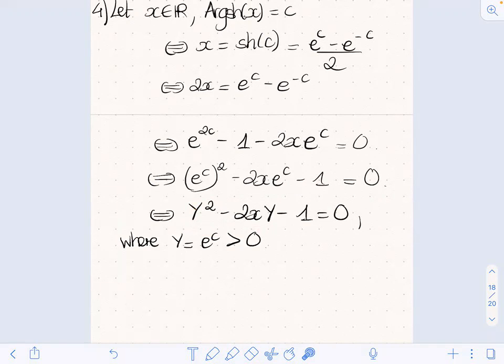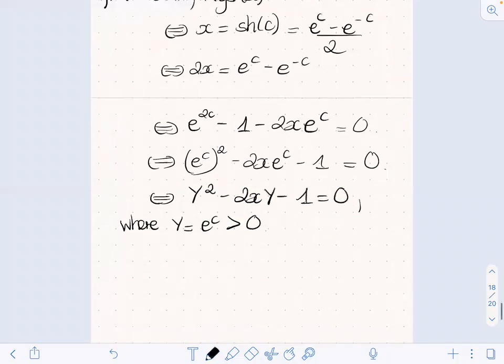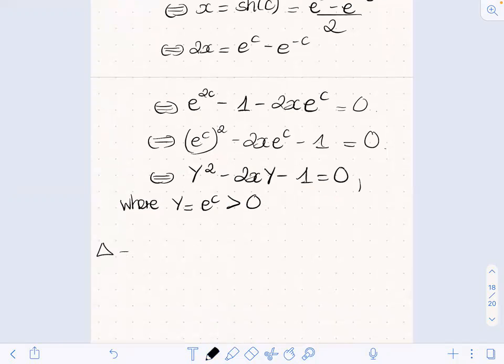Well, we could compute the delta. Yeah, absolutely. It looks like a polynomial. If you forget about the fact there's some x here, x could be equal to 1, for example. That's a polynomial in y. So we could compute the delta.